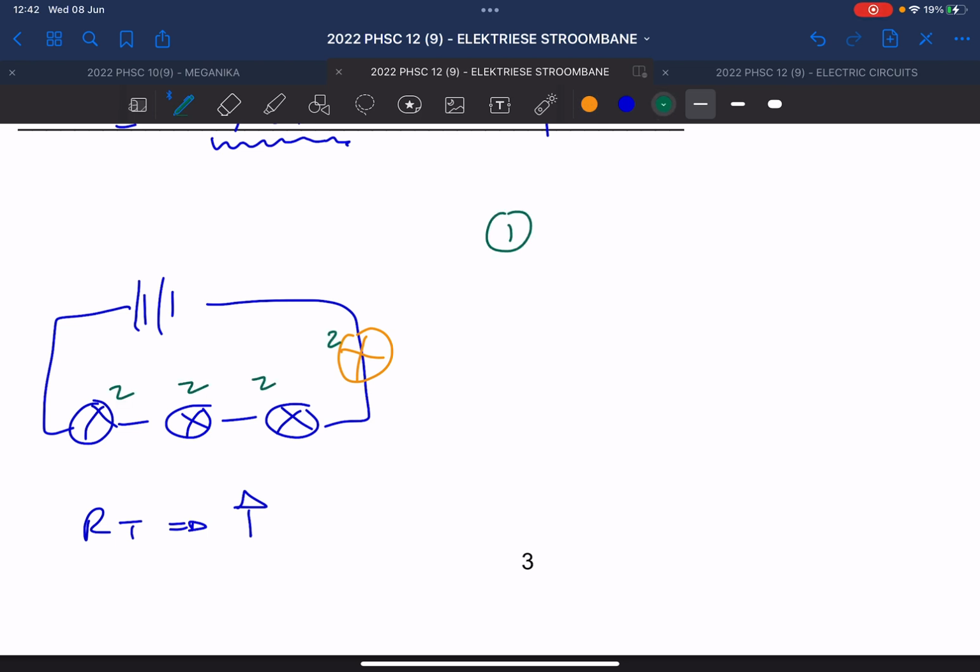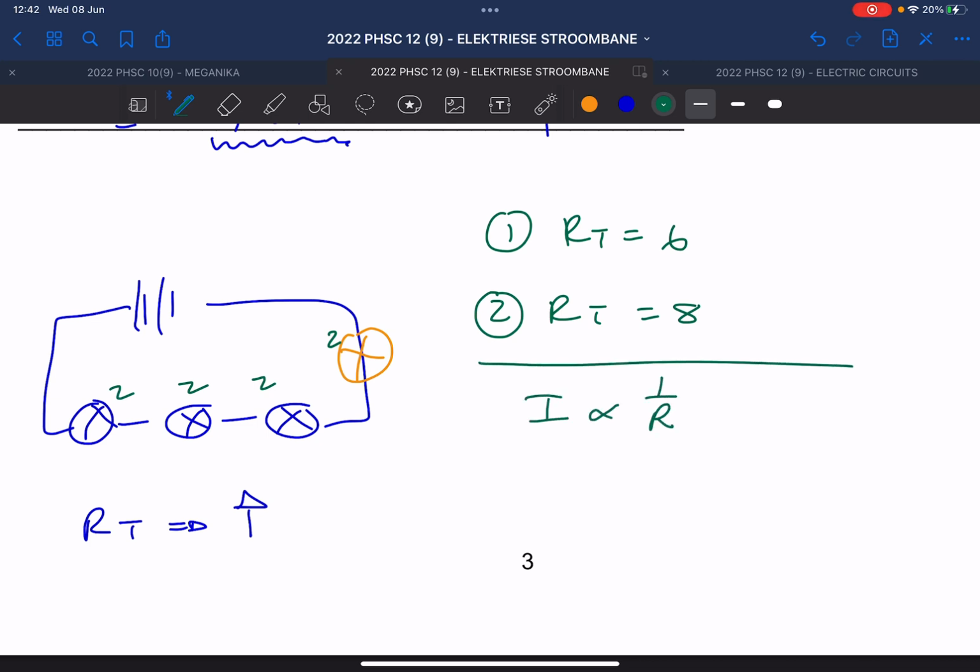So in the first scenario, the total resistance would have been 6, want jy plus dit by mekaar. In the second scenario, when you add another one, the total resistance would be 8. So the total resistance increased, dan weer eens, current is inversely proportional to resistance, so that is why the total current will thus decrease.